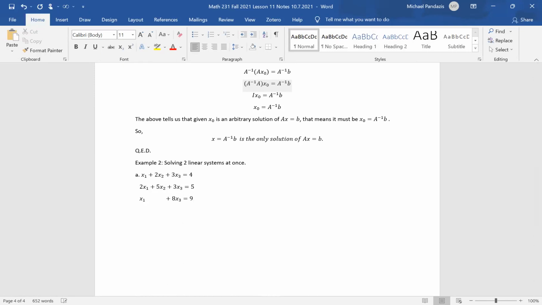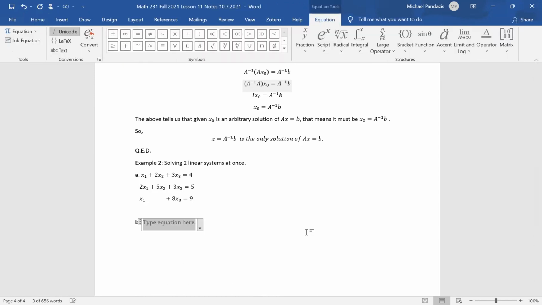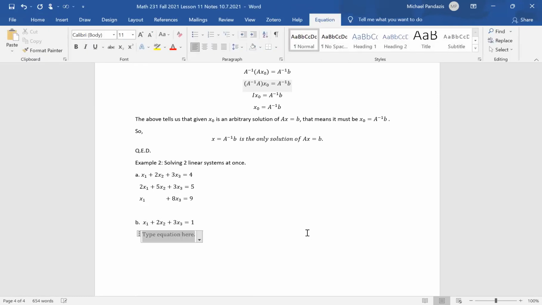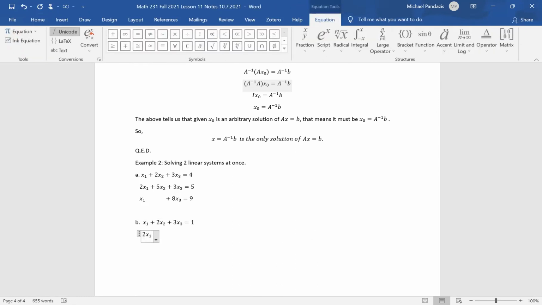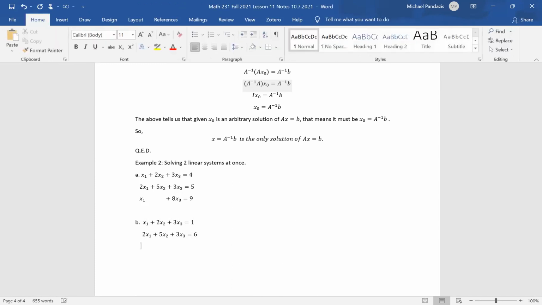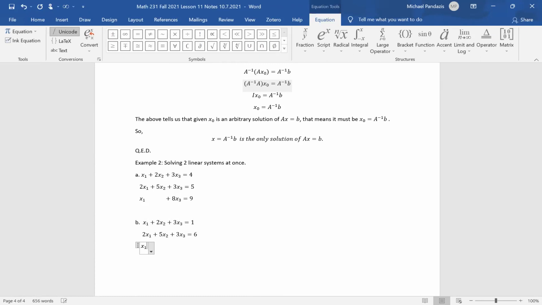So that's A. And B is the system x1 plus 2x2 plus 3x3 is equal to 1; 2x1 plus 5x2 plus 3x3 is equal to 6; and x1 plus 8x3 is equal to -6.